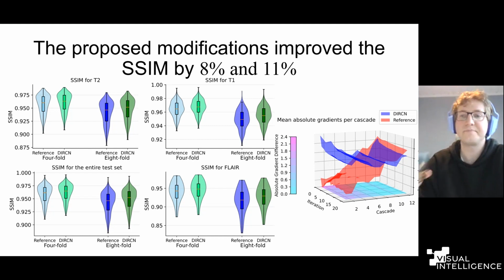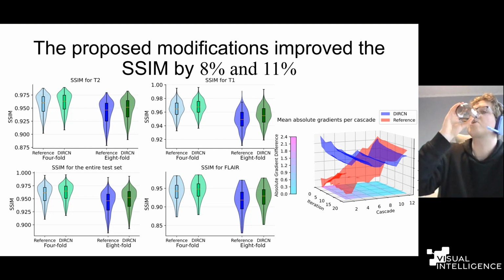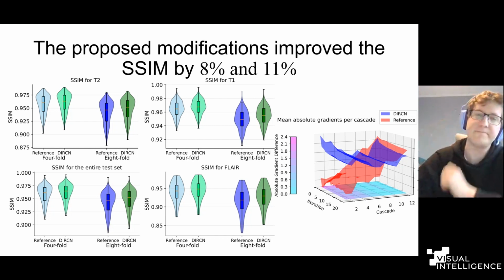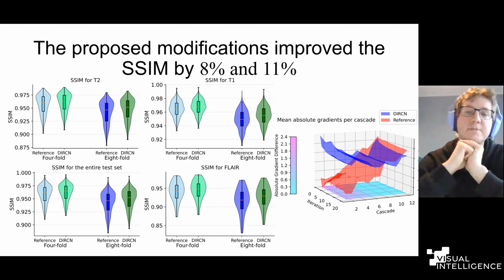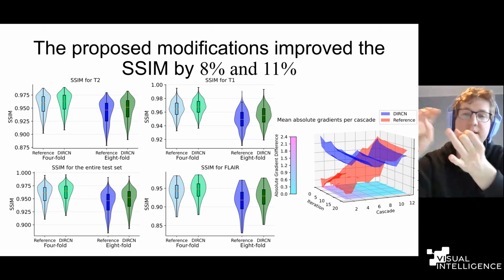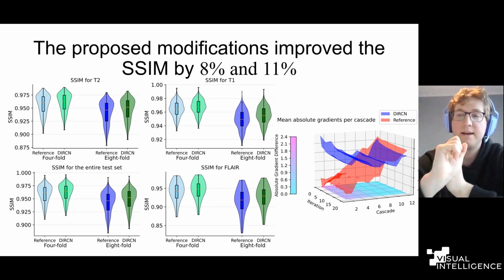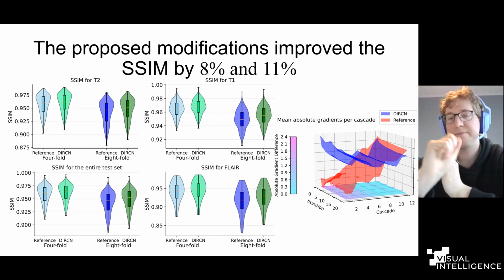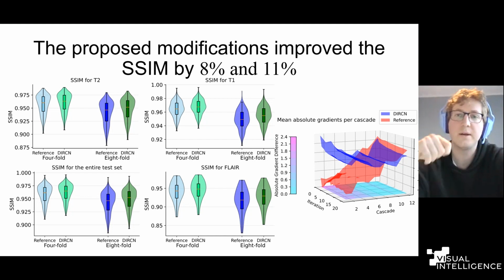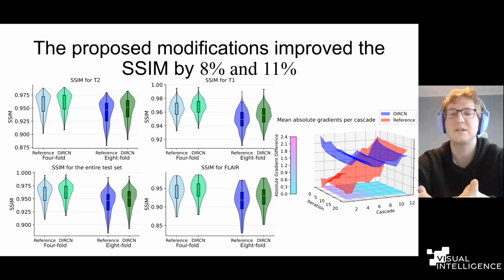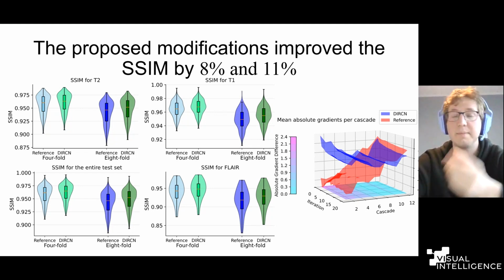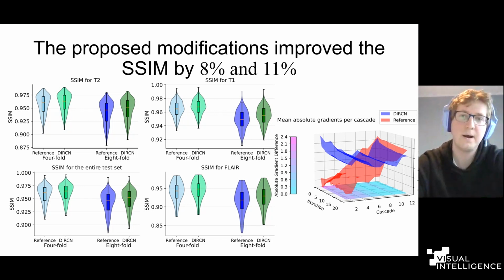So first, the proposed modifications, so the residual connections, the dense connections, and the interconnections, so the dense connections within the network, improve the SSIM, which is a metric for how good the reconstruction is, with the maximum being 1, by 8 and 11% for 4 times and 8 times reconstruction.